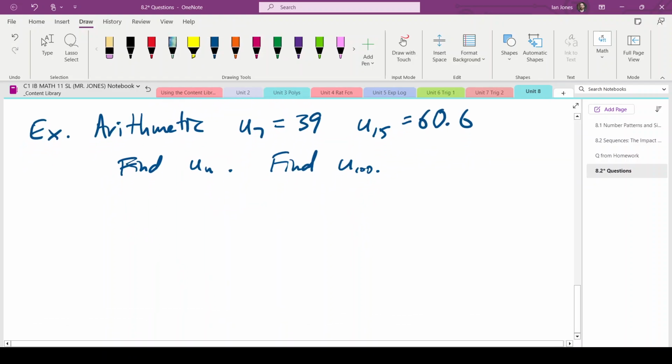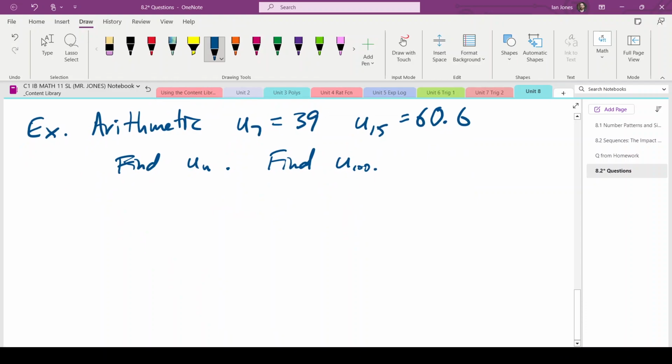So here now is the same thing. I'm thinking, how many jumps are there between u7 and u15? 8 jumps. But instead of multiplying by r each time, this time I'm adding d each time.